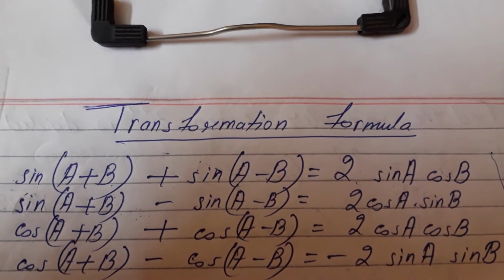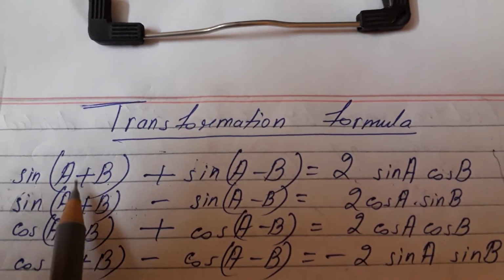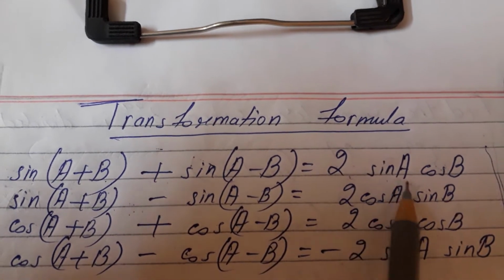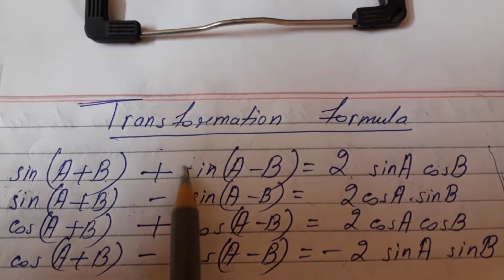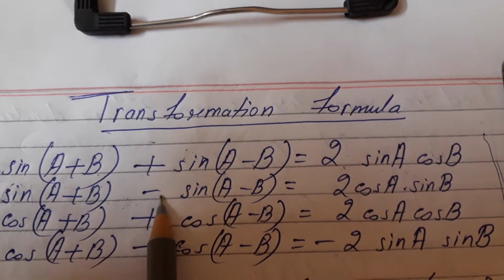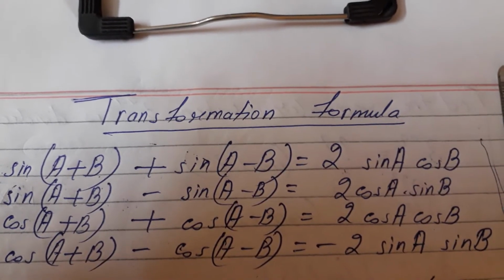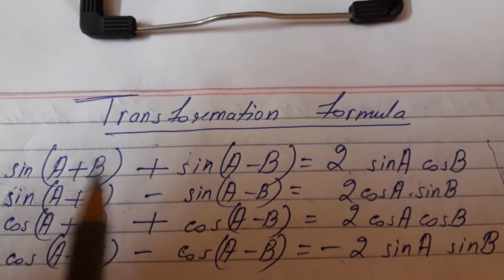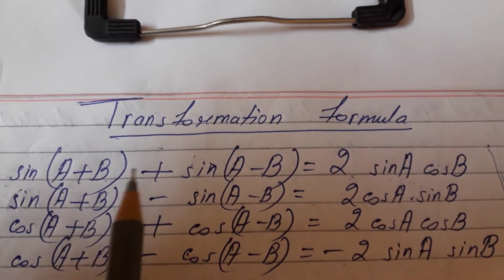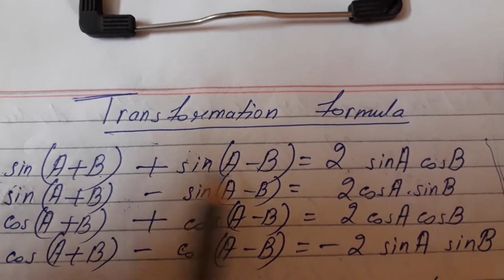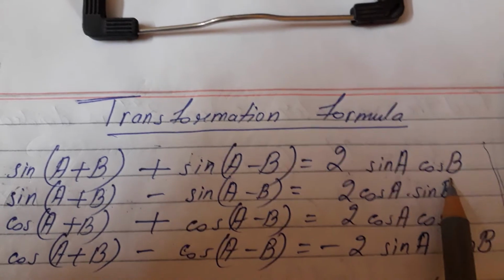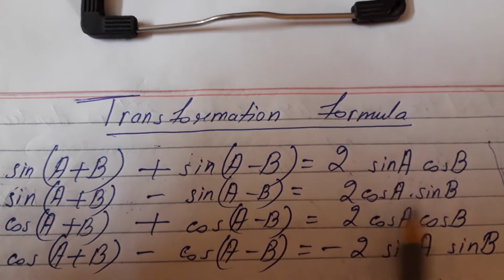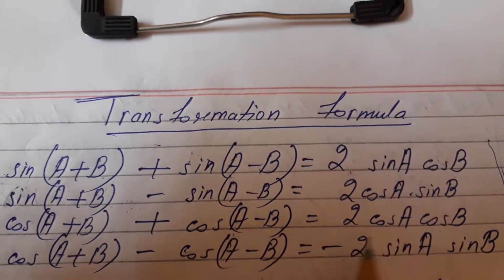I think it's clear. Sin(A+B) plus sin(A−B) equals 2 sin A cos B. Whatever the sign in the middle, plus or minus, you have to remember that. But the trick is, sin means different and cos means same.